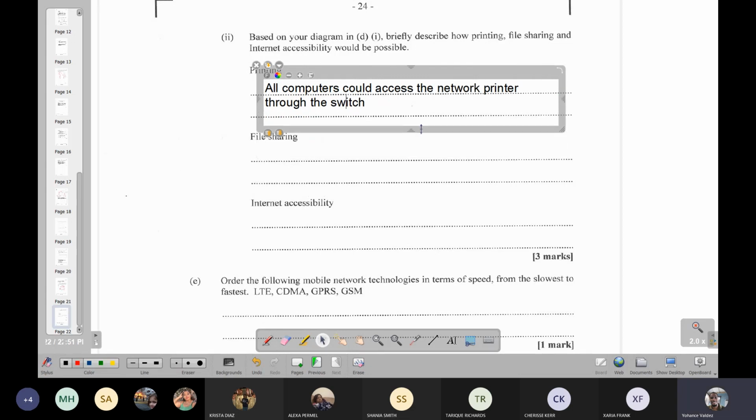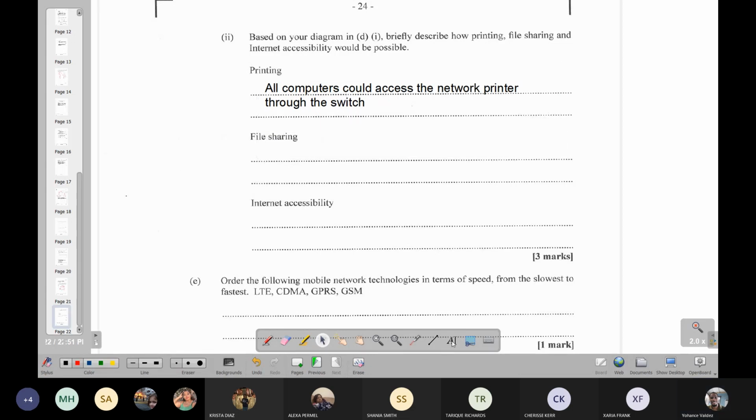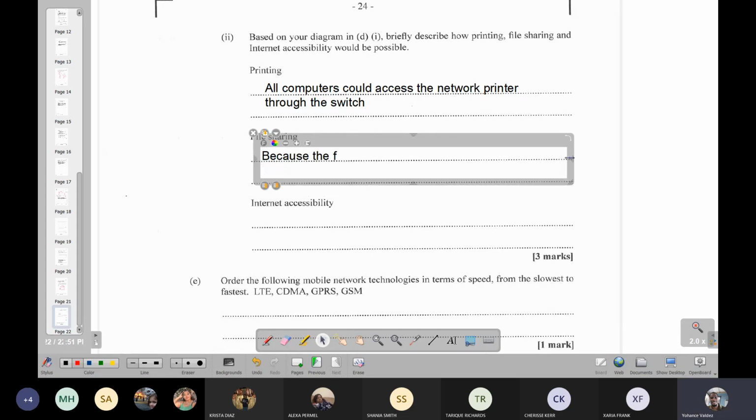File sharing: because the file server is connected to the switch, all computers could access information from it.